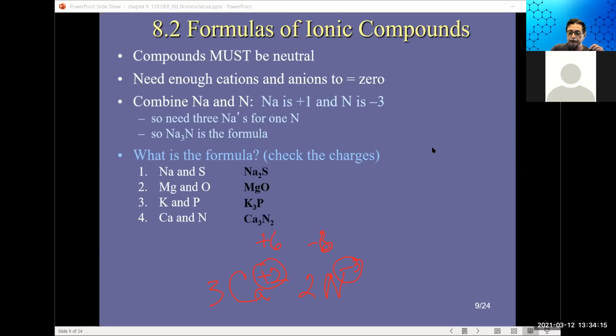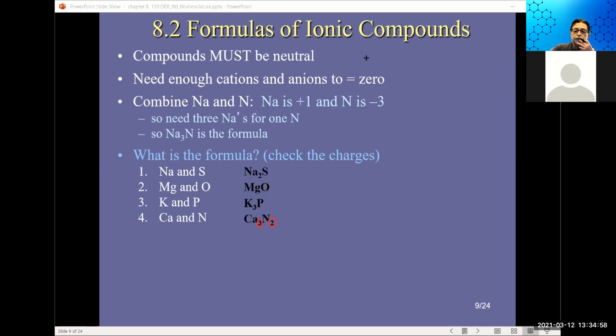So we've got Ca3N2. Now I think if you think about it, you can notice that the 2 on the nitride was the oxidation number of the calcium, and the 3 on the calcium was the oxidation number of the nitride. So that itself could assist you to figure out what your subscripts will be.